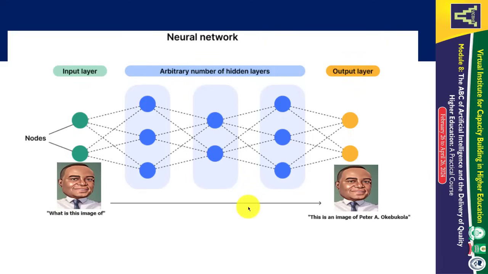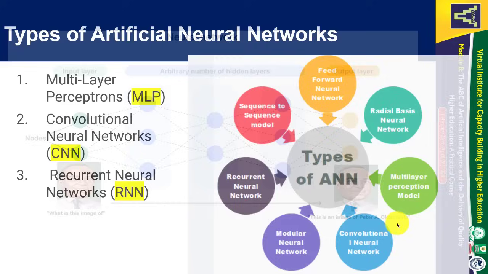I already told the system, the GT Bank system, I'm sure you are all familiar with this kind of operation, biometrics: if you see my face, facial recognition, the thing captures it. And so what is the image? Anytime I come and say, okay, now you validate me, it goes through several hidden layers there, and it outputs it and says, okay, this is Peter Okebukola. It gives me a tick and you can go ahead and process. So that is that one.